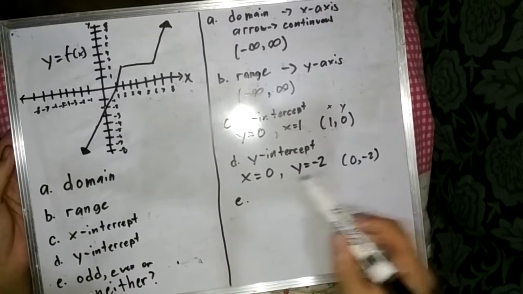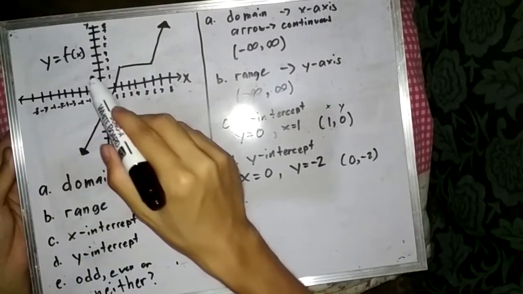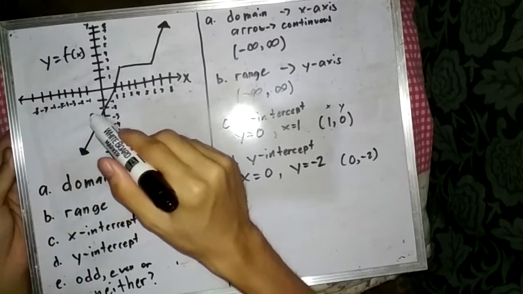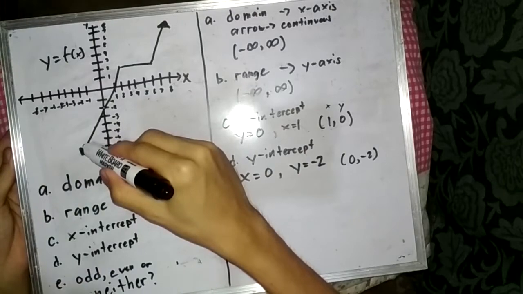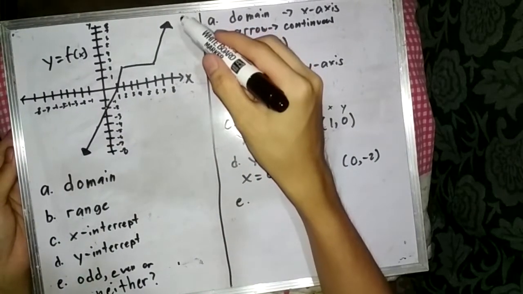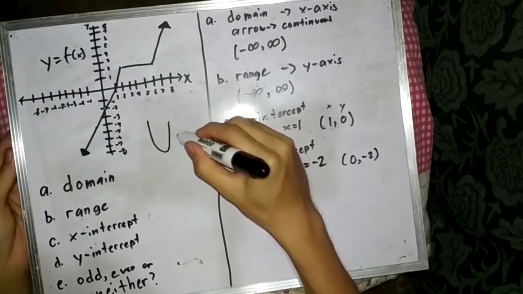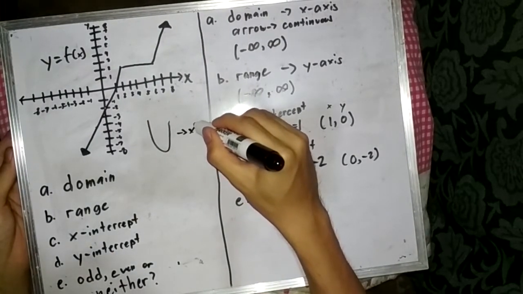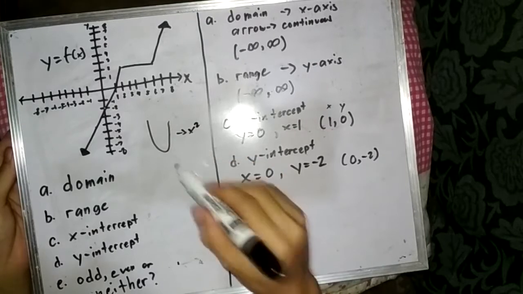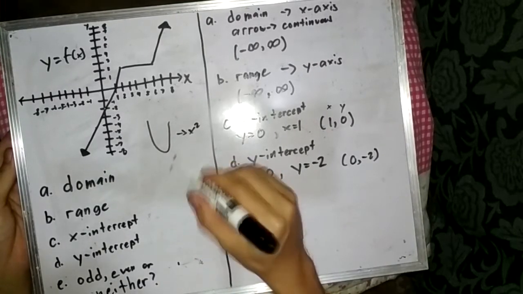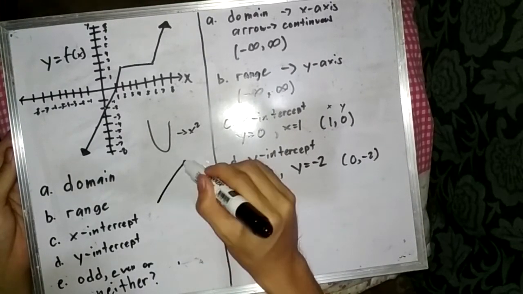The problem is that the function itself does not determine if it is either a linear function or some form of U function, which is an x squared graph. This is called parabolic. This is linear.